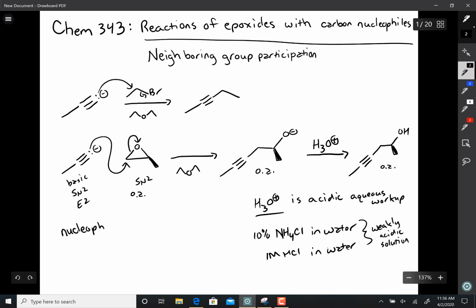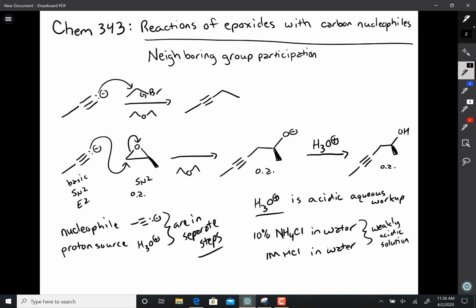The nucleophile and the proton source are in separate steps. They are not together at the same time.